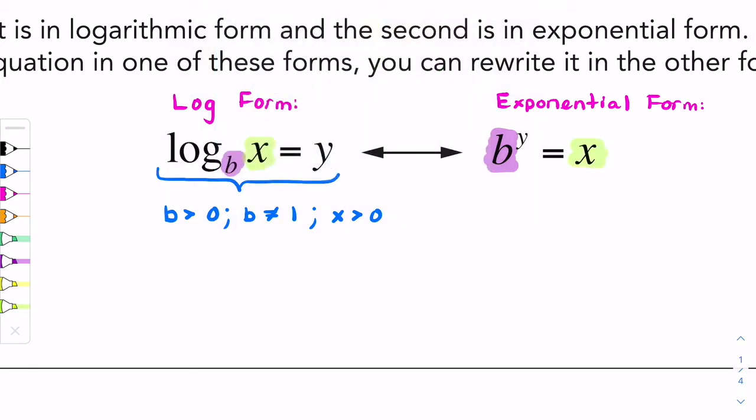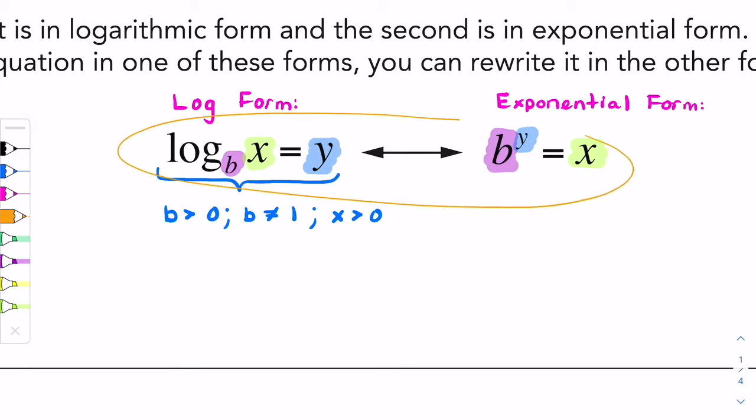And lastly, your solution y in log form will always become the exponent in exponential form. So if the next method does not help you, you can just memorize the location of all your parts and be able to convert between the two.